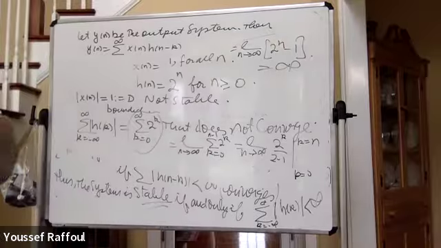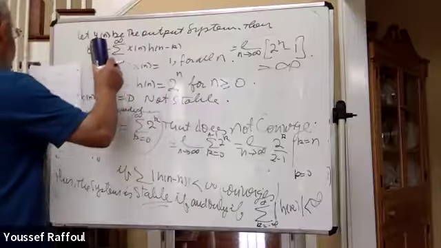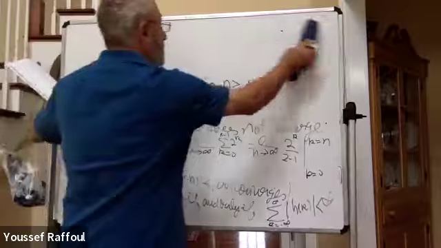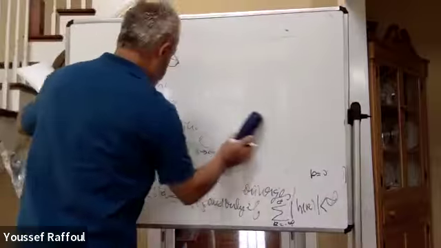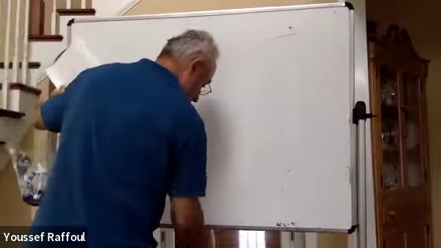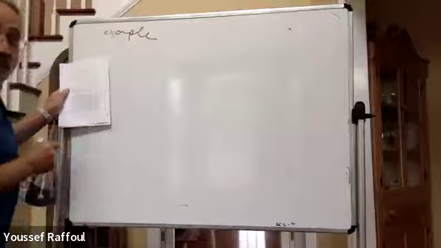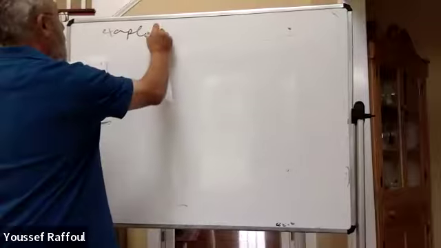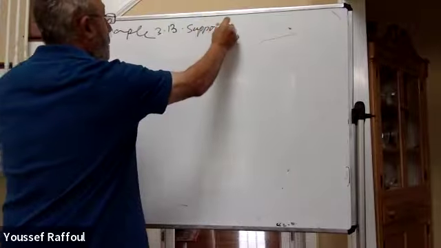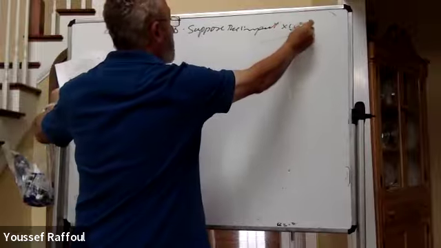So there is another example, and this is similar to that one. This is example 3.13. Suppose the input x_n is bounded.